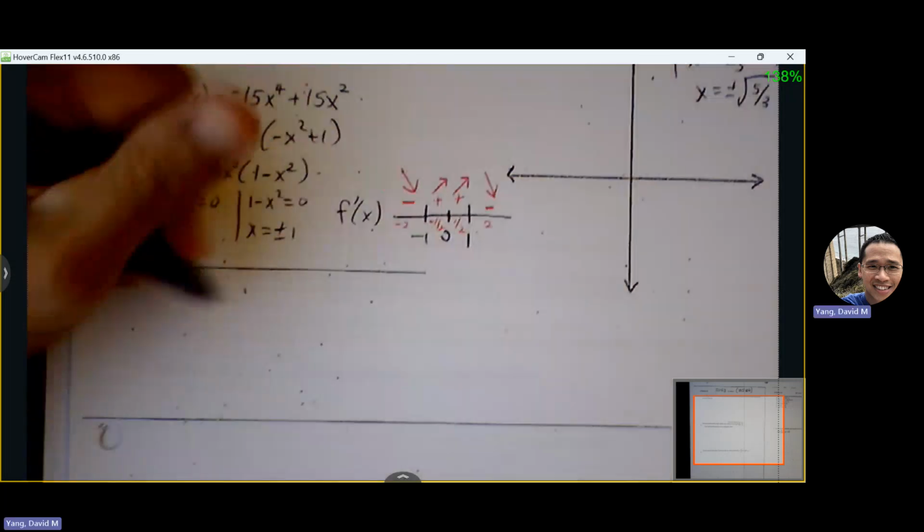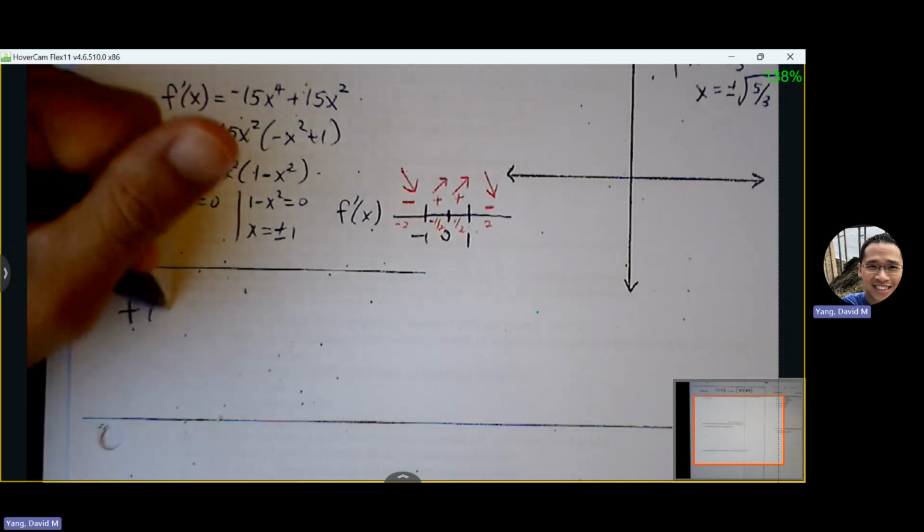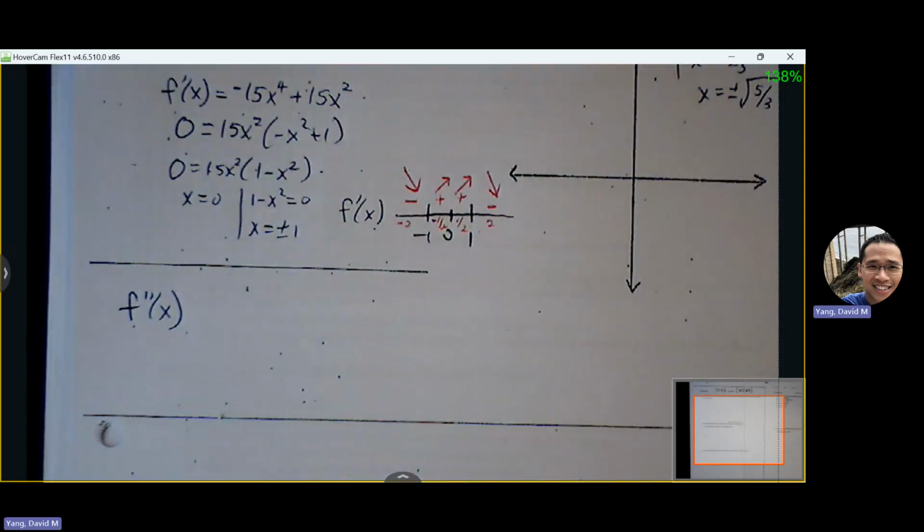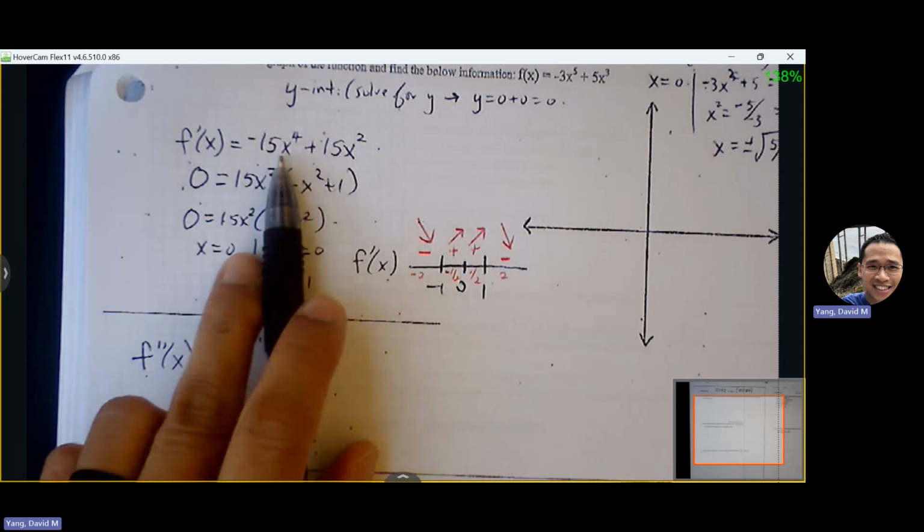Okay, let's move into the second derivative function. This will give us, basically we'll go through the test for concavity, and we'll find the curvature of each of these subintervals. Okay, f double prime, power rule again to get to the second derivative function.